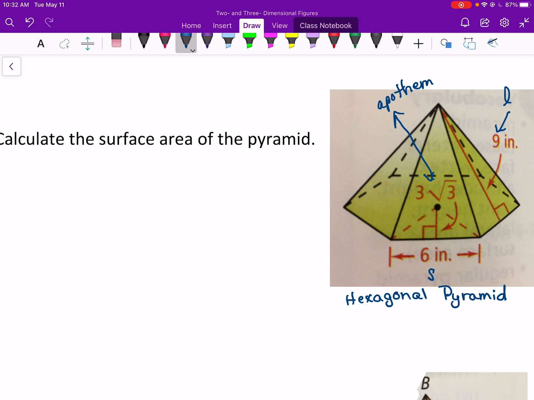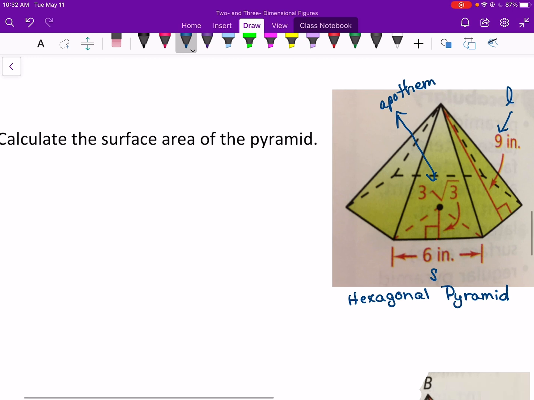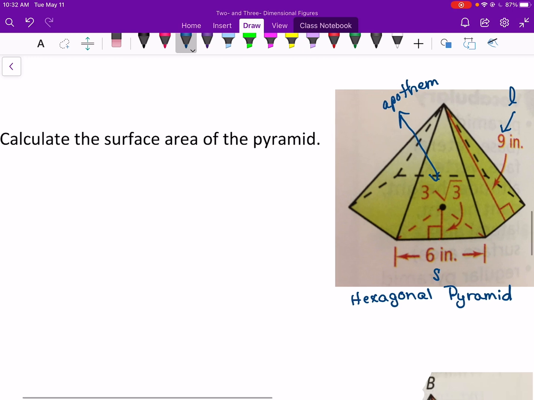And we used the apothems to find the area of a regular polygon. This is going to be one where if you haven't dug out your formula sheet yet, you will probably want to dig that thing out. Okay, here we go. Lateral area.